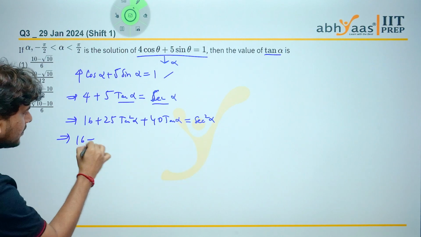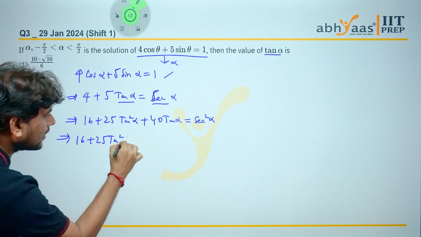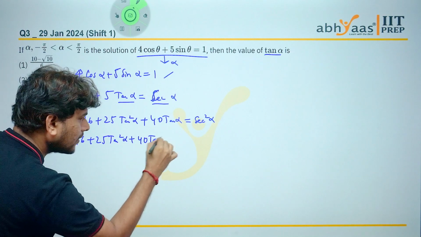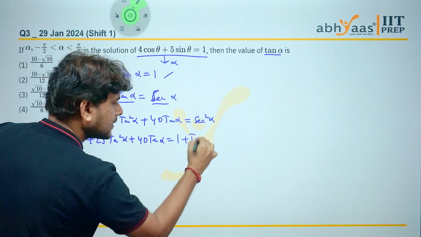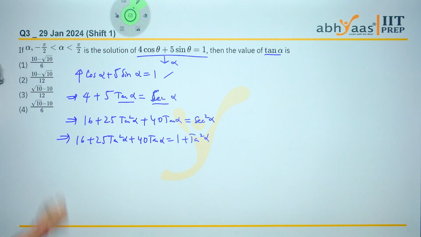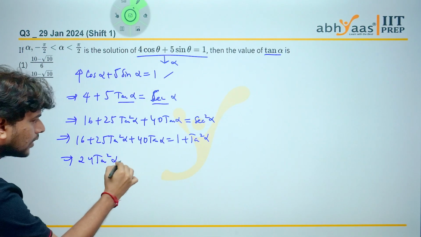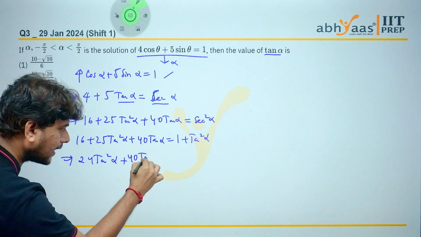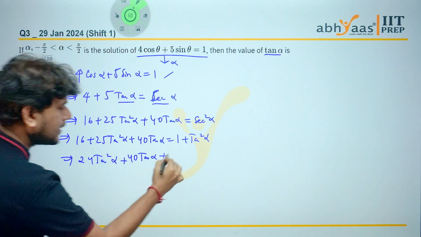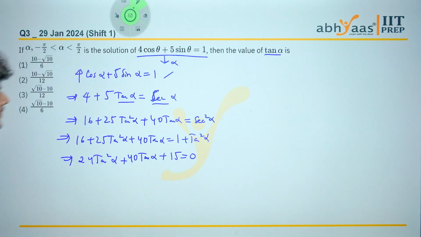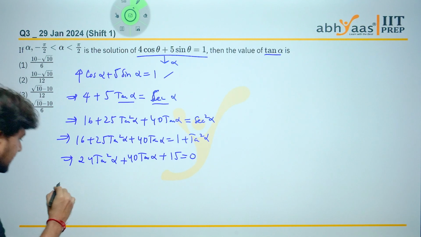So 16 plus 25 tan square alpha plus 40 tan alpha equals 1 plus tan square alpha. Now we are having 24 tan square alpha plus 40 tan alpha plus 15 equal to 0. No cancellations, so we have to solve.